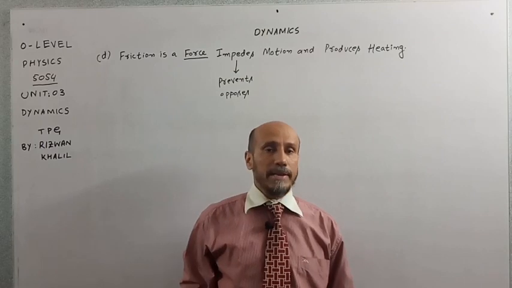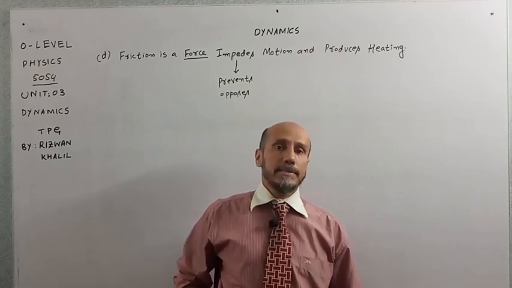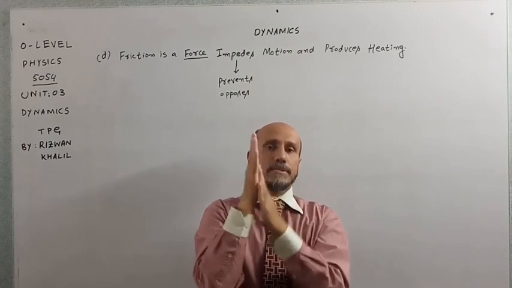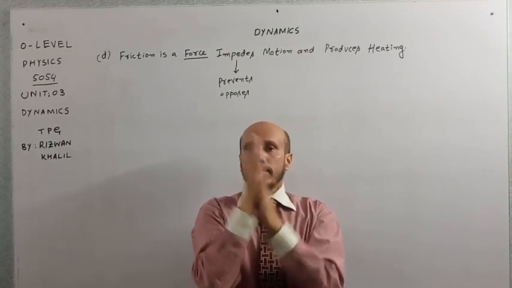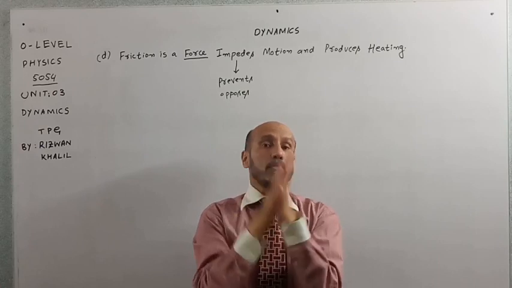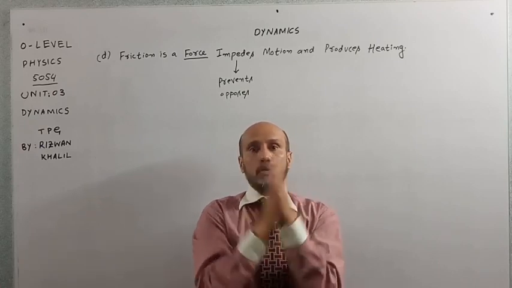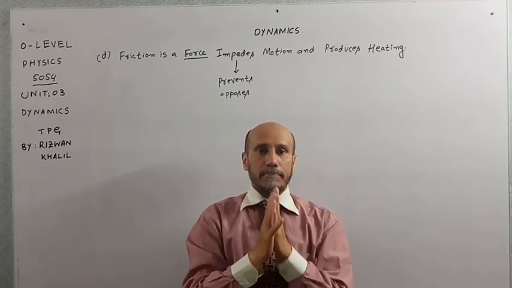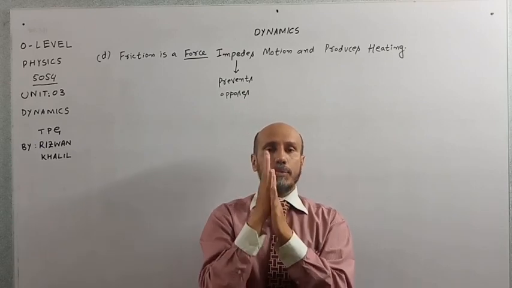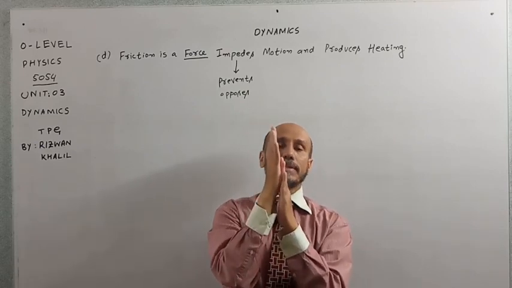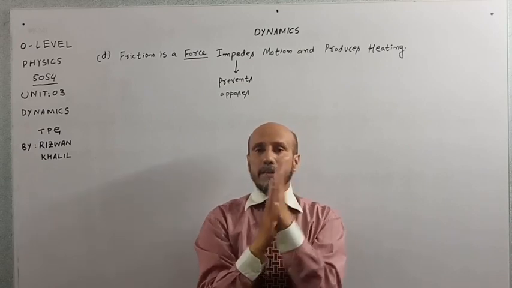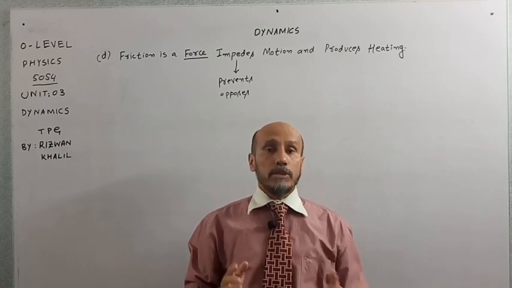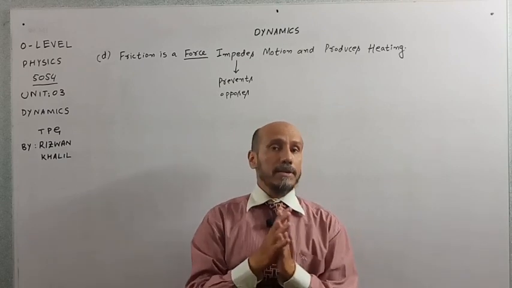There is a very simple activity with which we can prove that friction is a force. Just start rubbing both your hands. Now you can feel that your hands are getting warmer as you rub them together. So what is happening? When we rub one hand with the other, friction is produced, due to which heat is produced.